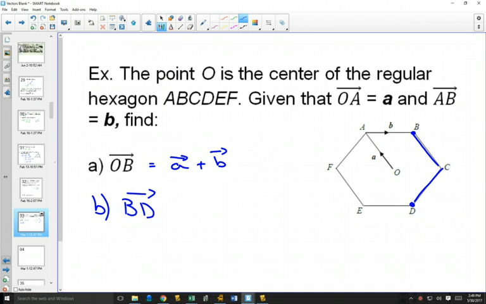Now, knowing that this is parallel to this, that will give us a negative A there.